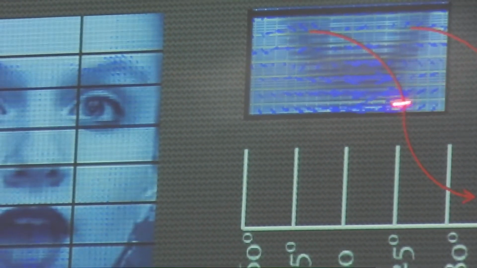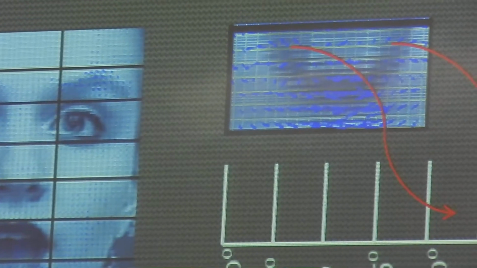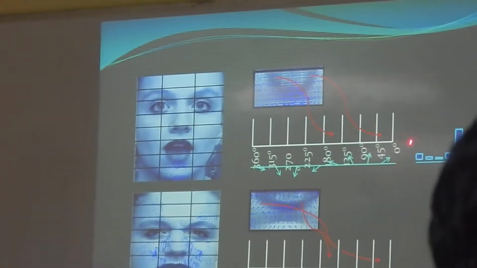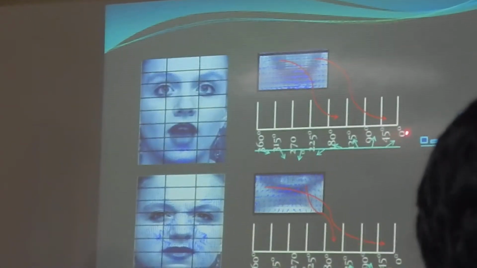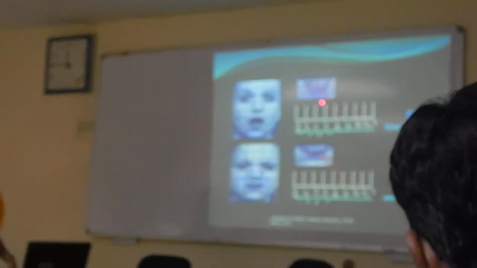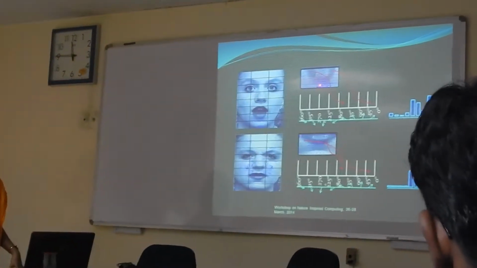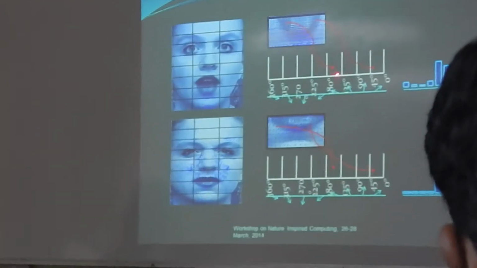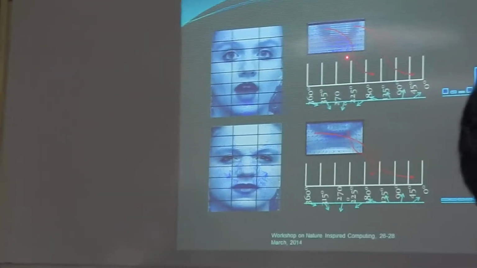The angles of this optical flow can be from 0 degrees to 360 degrees. So we quantize this angle into 8 directions at an interval of 45 degrees. Then we find how many optical flows fall in each of the bins for a given region.